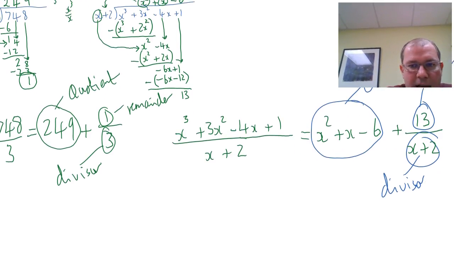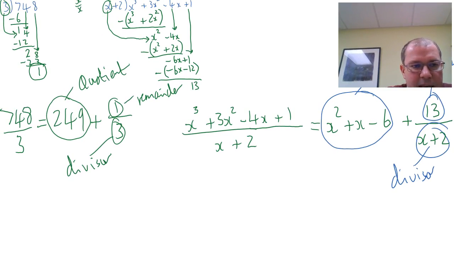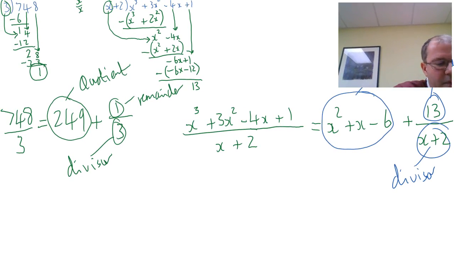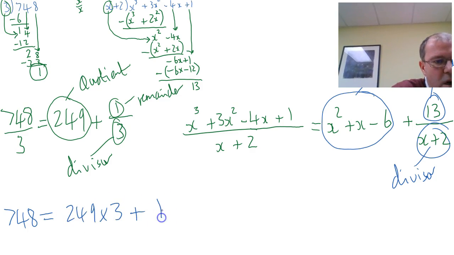Now if we look at the left-hand side again, there's another way we can write that. If we multiply everything by 3, we can get that our original number, 748, is 249 multiplied by 3 plus 1. Because when I multiply by 3, 1/3 changes to 1. We can do exactly the same on the right-hand side.